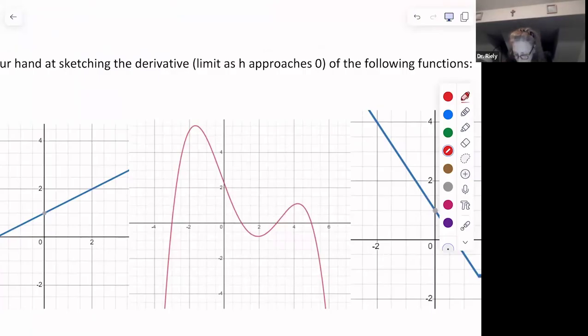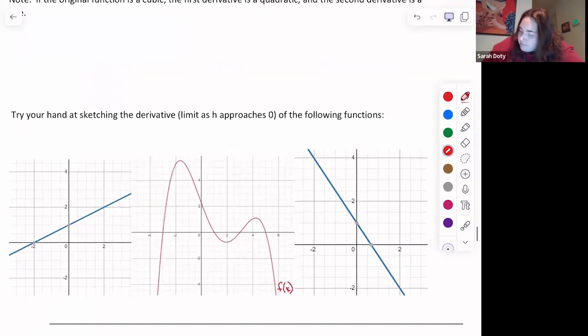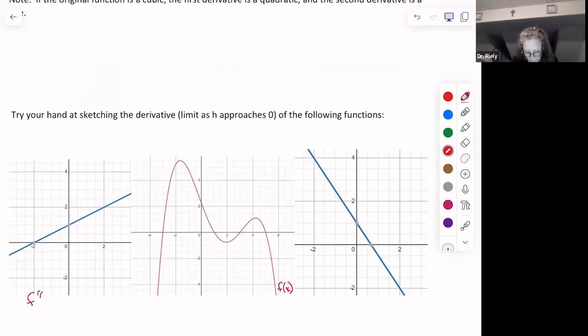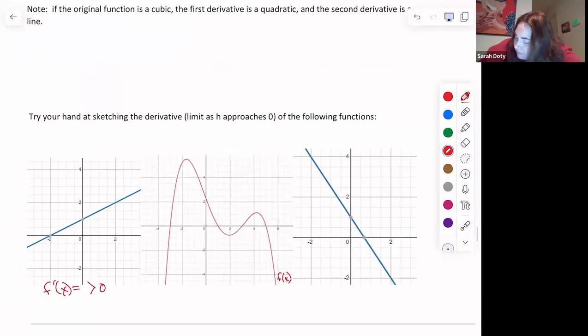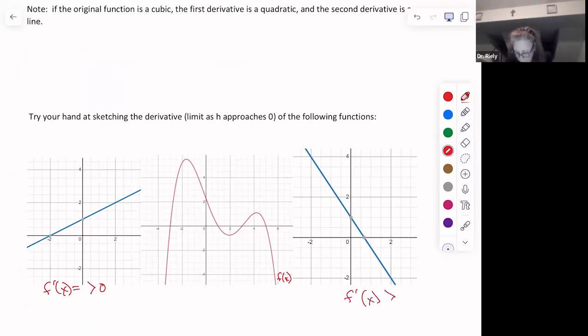If this is your original function, this first derivative would be a number greater than 0, right? Because it'd be a positive slope. This first derivative would just be a number less than 0 because it's a negative slope. But this one's going to be an actual interesting function as opposed to just a point.